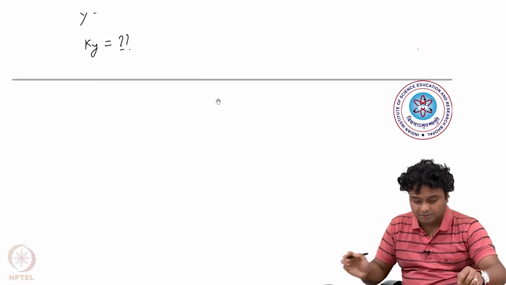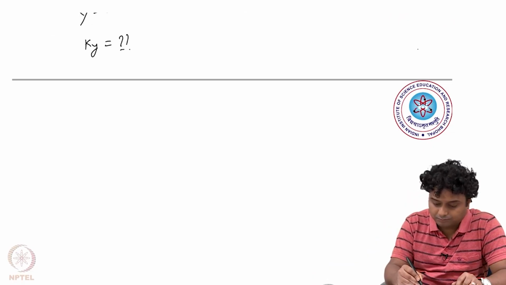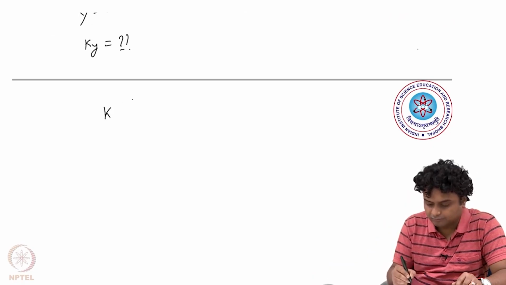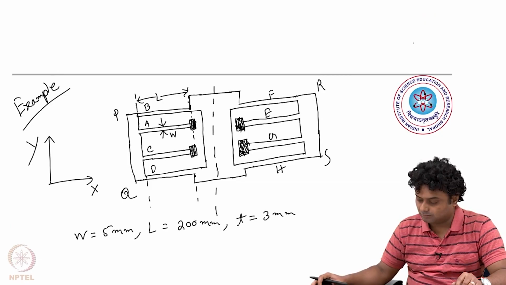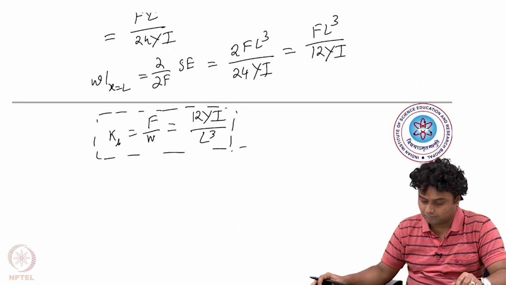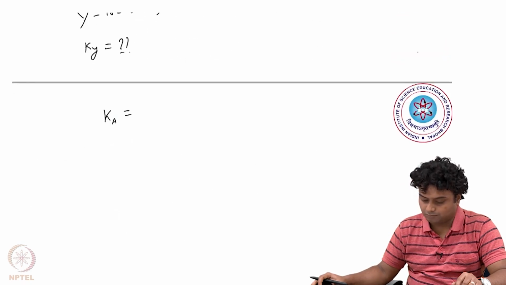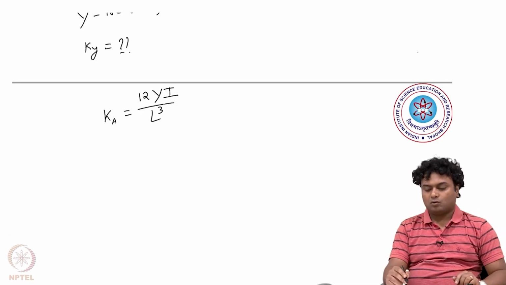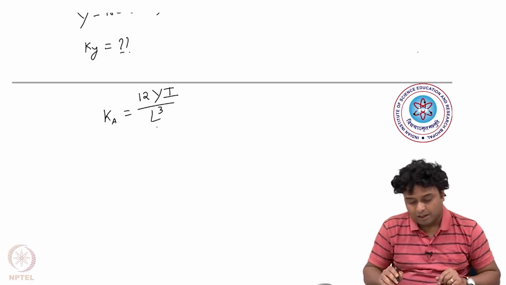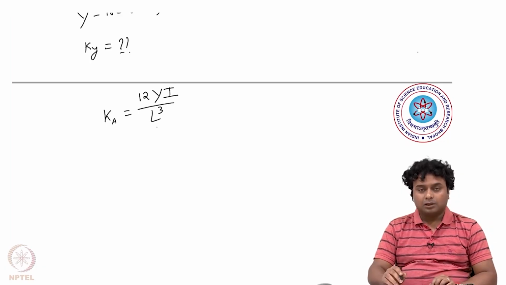For a single beam, let us say Ka is equal to 12YI by L cube. Now Y and L are given and I we need to calculate.